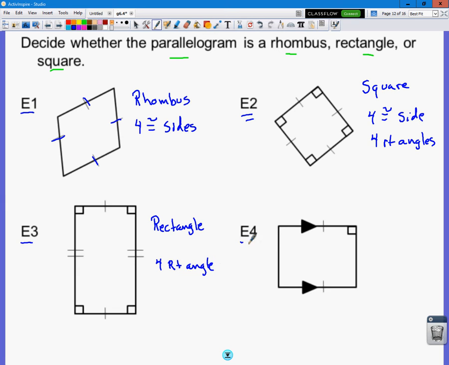Be careful before we answer example 4. What is example 4? Well, it's definitely a parallelogram, but it may be more specific. If one set of sides is both parallel and congruent, this makes it a parallelogram. But remember, all the properties now are true for a parallelogram. What can you tell me about opposite angles?